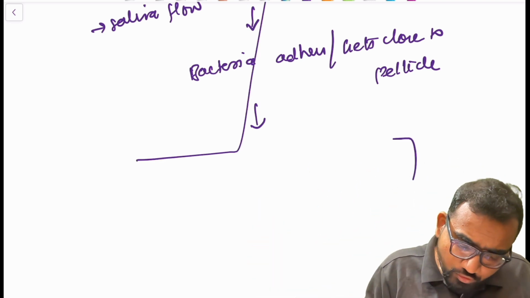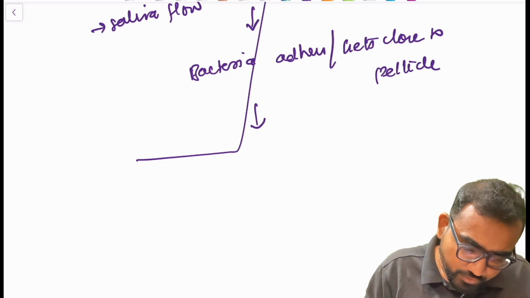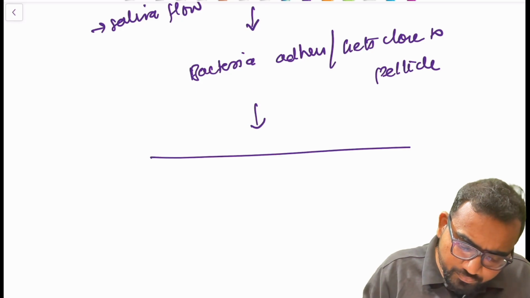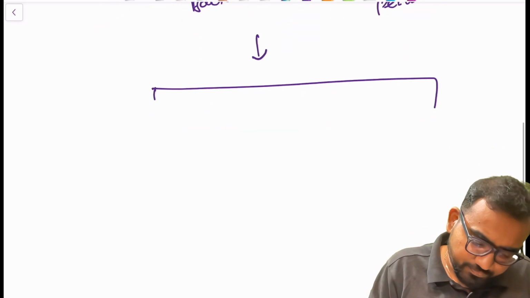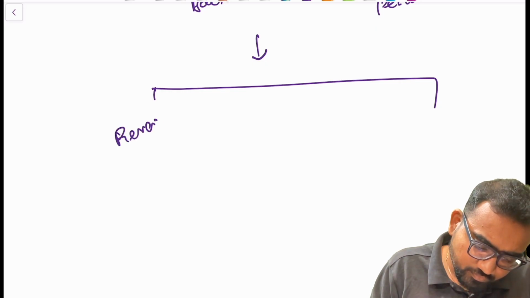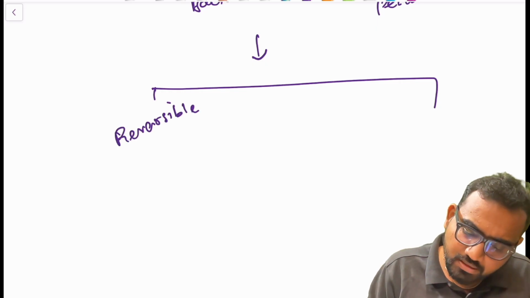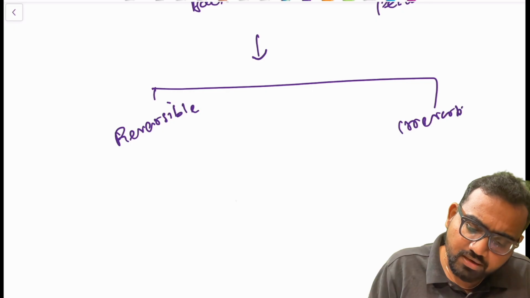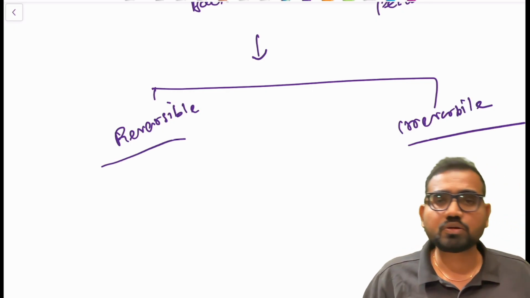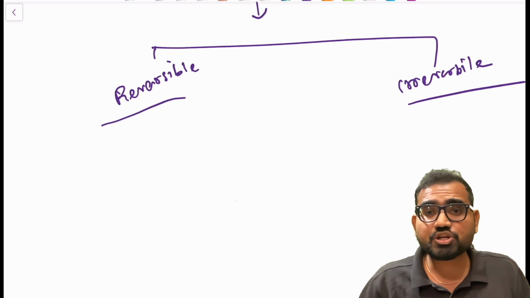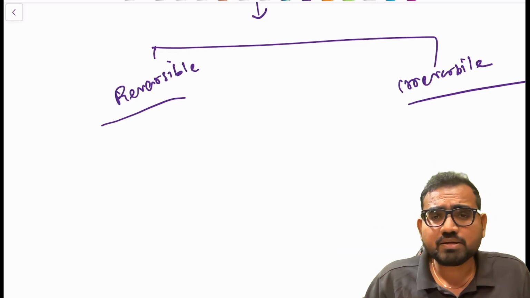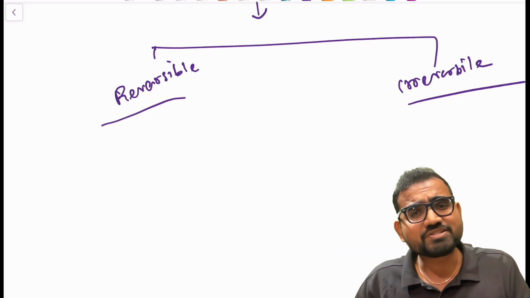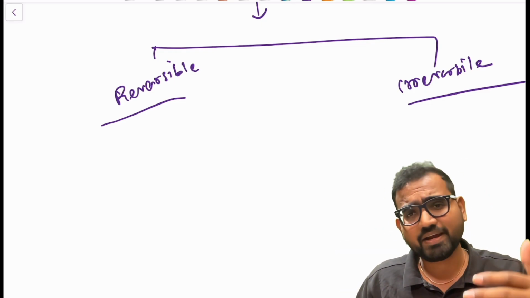In this case, I'll tell you there are two scenarios. One will be reversible addition, and another one will be irreversible addition of bacteria. By reversible addition of a bacteria, for example, here predominantly we are going to see the gram positive facultative anaerobes.